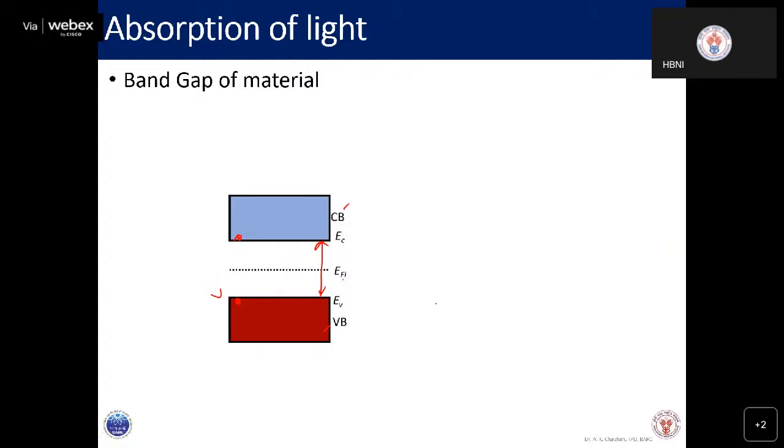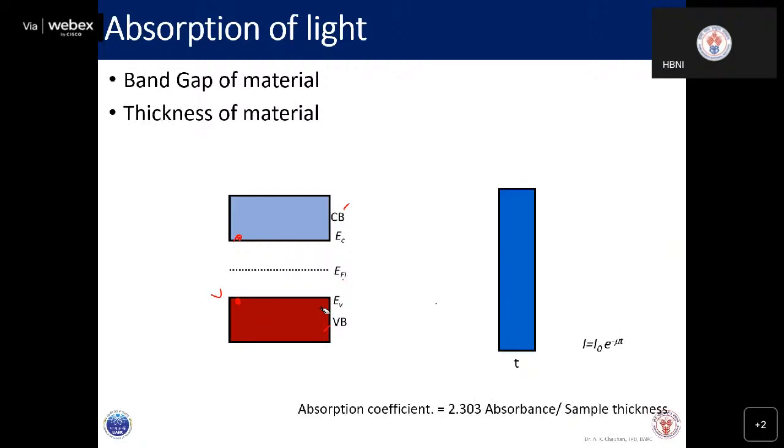But if you have a zero band gap material, can you have a solar cell? No, because how then will you separate those electron hole pairs? You need some built-in potential also. And the next thing is the thickness of the material. Thickness also plays an important role. If the thickness is very low, though the band gap is small, some radiation may leak out.